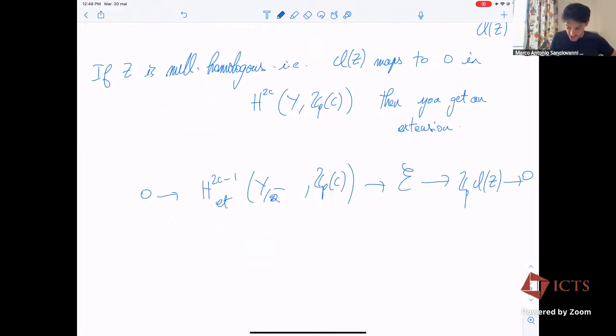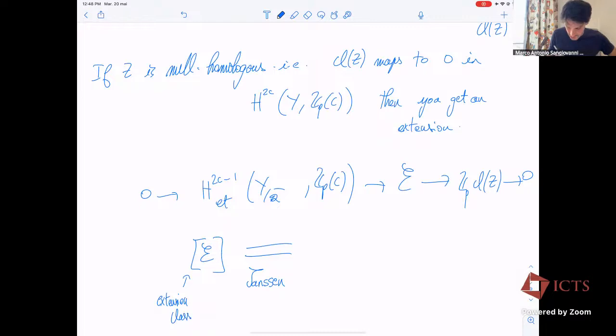Okay, and the extension class of E was proven by Jannsen to be the étale Abel-Jacobi image of the null homologous cycle Z.